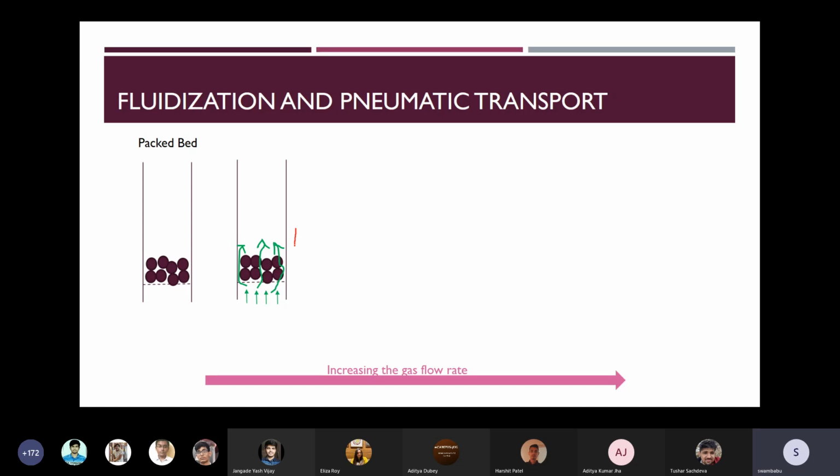Gravity acts in the downward direction, and the frictional forces or drag forces offered by the fluid on the particle act in the upward direction. The drag force is also termed frictional forces or pressure forces.